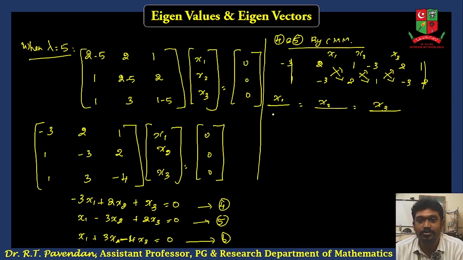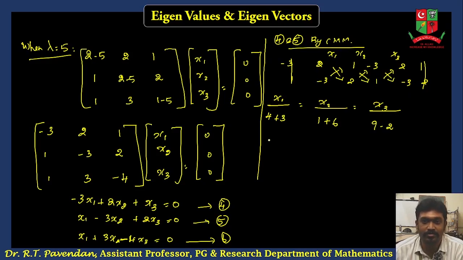So 2 times 2 minus of minus 3 into 1, that is minus 3, minus of minus 3 is plus 3. 1 times 1 minus of minus 6 is plus 6. Moving on, minus 3 into minus 3 is plus 9 minus 2.